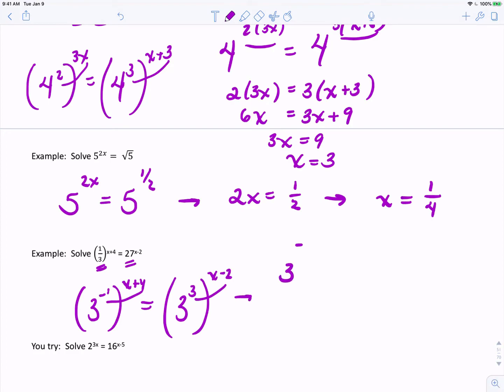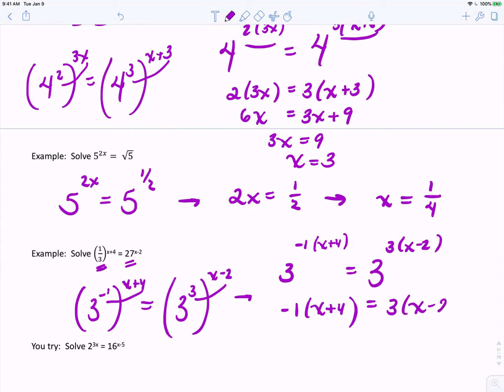So we have 3 to the negative 1 times x plus 4 is equal to 3 to the 3 times x minus 2. Now that we have the bases the same, we can equate the exponents. Negative 1 times x plus 4 is equal to 3 times x minus 2. And now we have a very simple equation that we can solve. So let's go ahead and do that together.